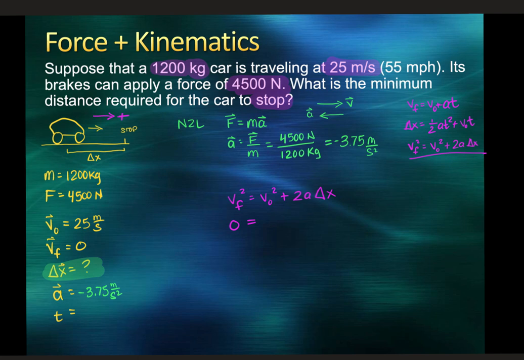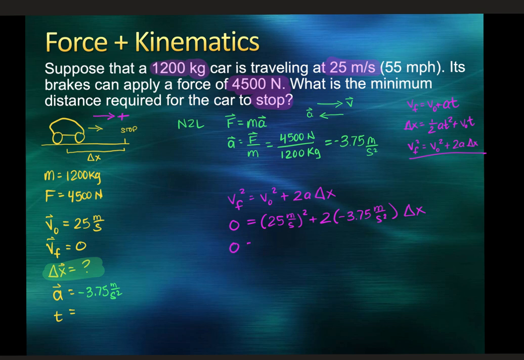Initial velocity, I have 25 meters per second, and I'm going to need to square that, plus 2 times acceleration, which is negative 3.75 meters per second squared, times delta x.